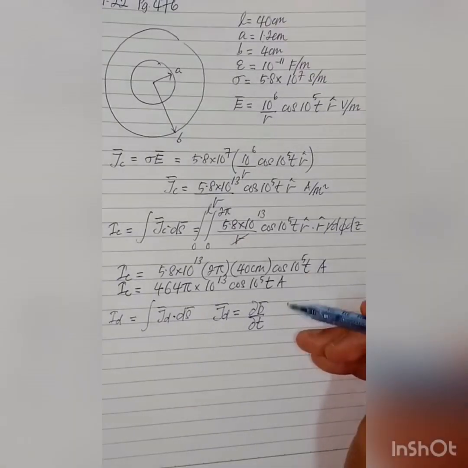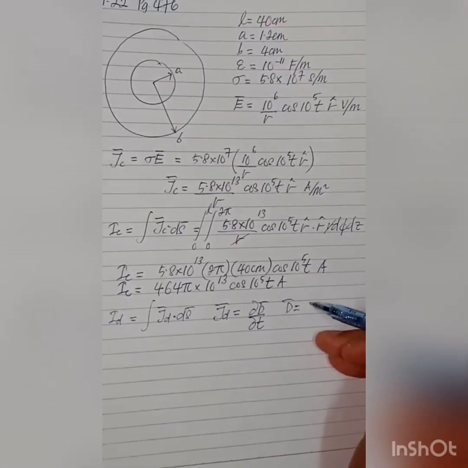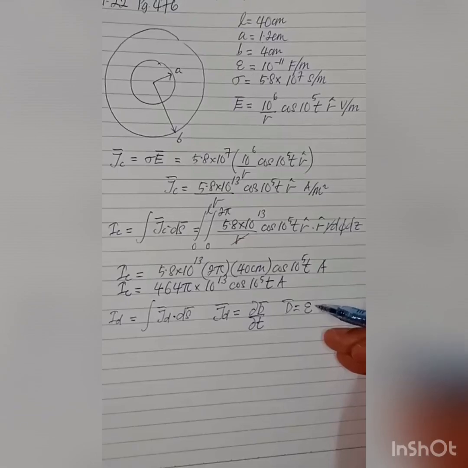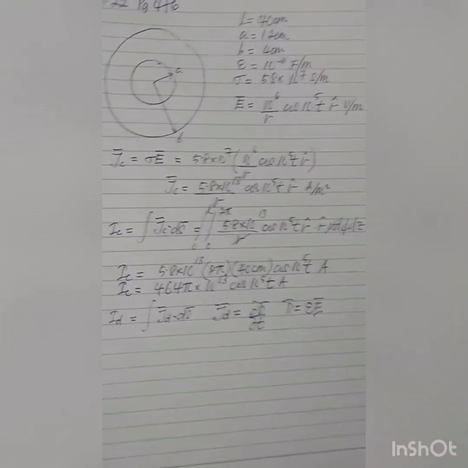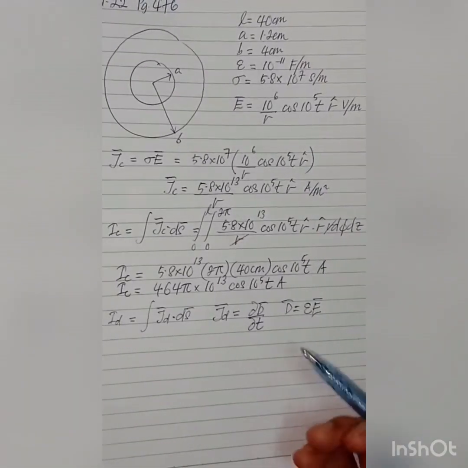And then guys, we know that the D actually equals epsilon E. Okay, so let's find the D first.